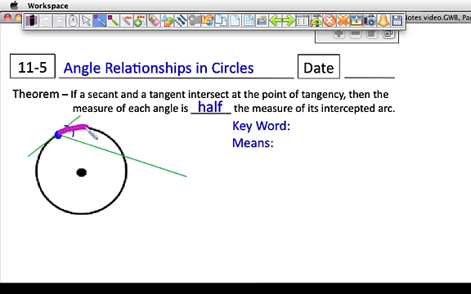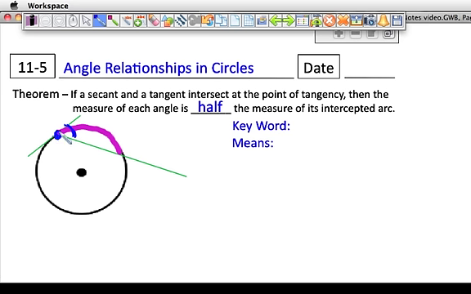So this arc right here, whatever it is, this angle will have to be half of it. And it works the same on the other side as well. This angle would be half of this arc as well. So suppose this arc right here was 100 degrees, then this angle would be half.